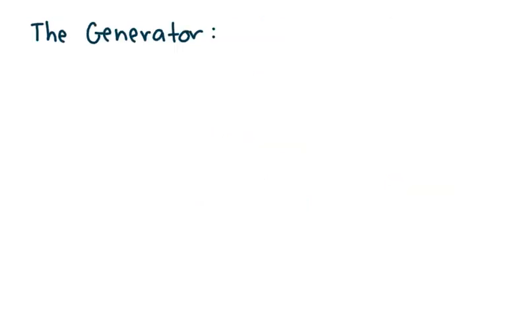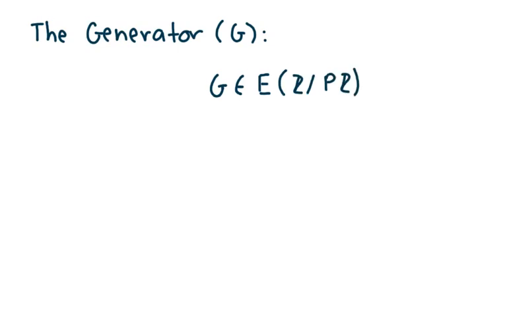So that brings me to something called the generator, denoted G. G is a point that is on the elliptic curve that generates something called a cyclic subgroup. Now, every point in this subgroup can be reached by repeated addition of the generator point. So if you add G and G, that's going to be a point in the cyclic subgroup. If you add G and G and G, that's going to be another point in the cyclic subgroup. If you add G and G and G and G, that's yet another point.